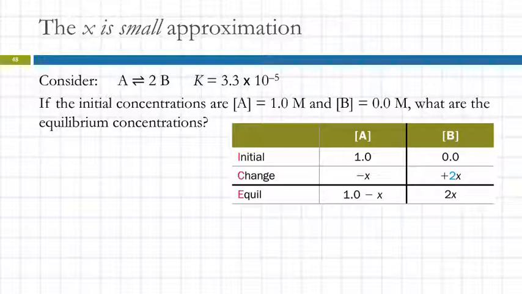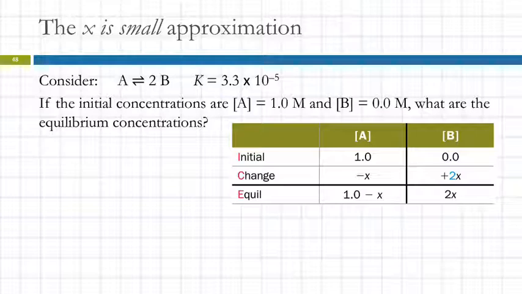So consider this reaction. A goes to 2B, and here our equilibrium constant is 3.3 times 10 to the minus 5. So this is a pretty small constant. Our initial concentration of A is 1 molar and B is 0. And so we can anticipate for the change that A will decrease by x and B will increase by 2x. And so at equilibrium we have 1 minus x and 2x.